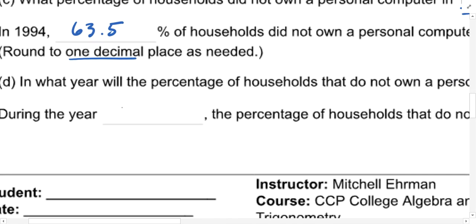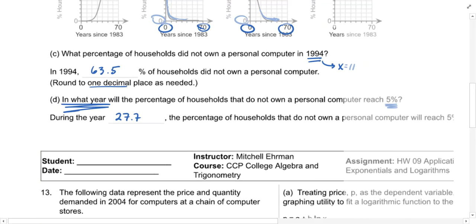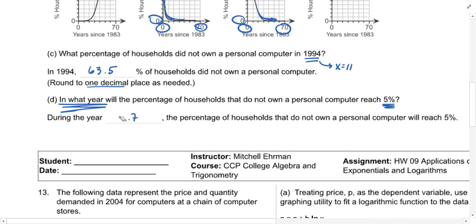So I'm not going to answer with 27.6, or 27.7 when rounded, because the question is not asking how many years after 1983. It asks, in what year will the percentage of households reach 5%?